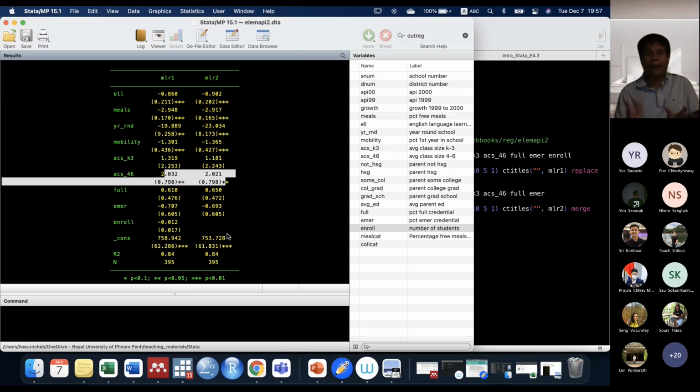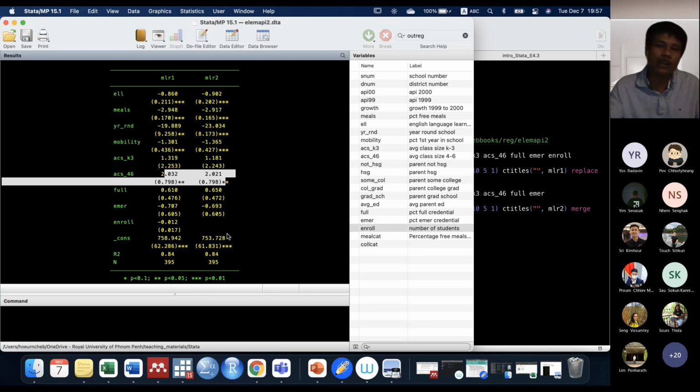All right. So the purpose is for comparison, and also you want to present multiple results in one table. Otherwise, you have two tables that take a lot of space, right? You don't want to take too much space to present your regression result. Is that okay? Yeah, teacher, thank you.